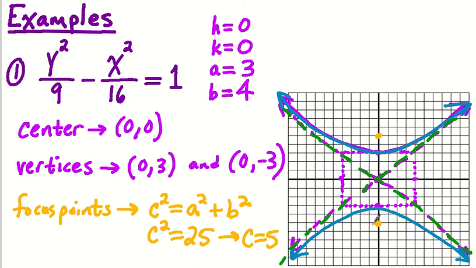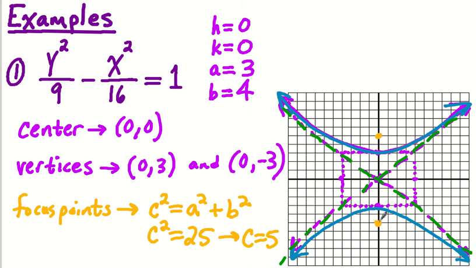Again, you could make generalized formulas where, when your hyperbola is opening up and down, one focus point is going to be (h, k plus c) and the other one would be (h, k minus c).